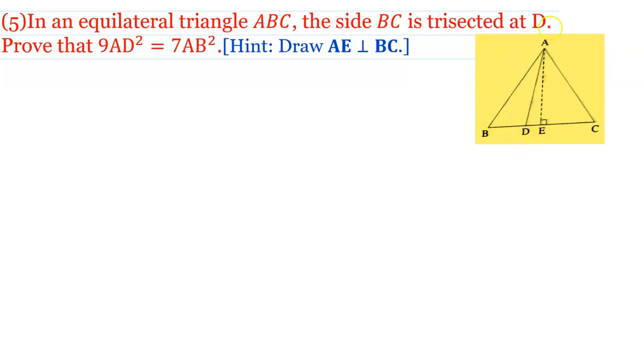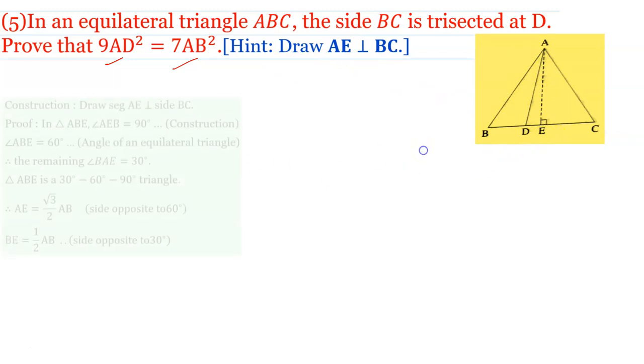Prove that 9 times AD square is equal to 7 times AB square. And here the hint given is to draw AE perpendicular to BC. Now we'll start the proof.